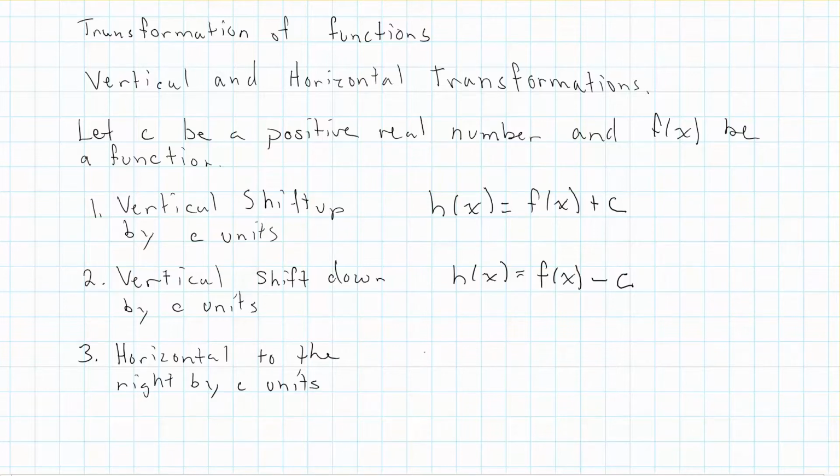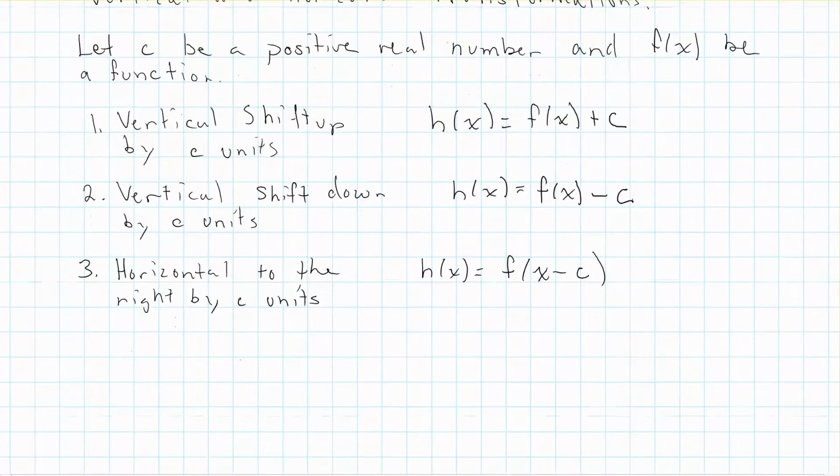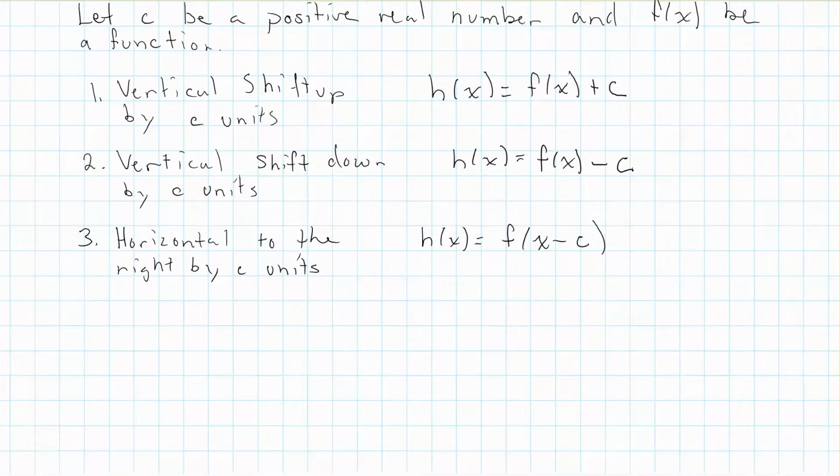Well, this is actually going to be h at x equals f at x minus c. So going to the right, we subtract the c, but the key thing here is, look, it's f at x minus c. So that minus c is going to be part of that x parameter, or x term. And I'll show you in an example here quickly what we mean by that.